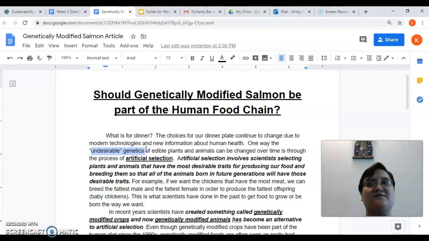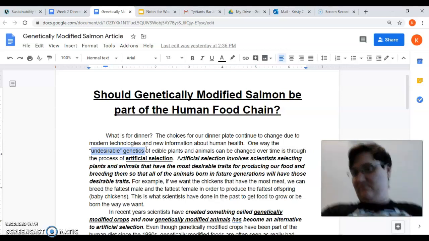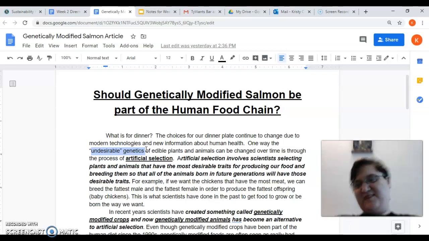So say there's a plant, right? And that plant has, let's say it's something that we eat a lot of, like bananas, right? Let's say that the bananas that we grow are too small, right? Maybe they're not growing to their full potential and they're small little bananas.